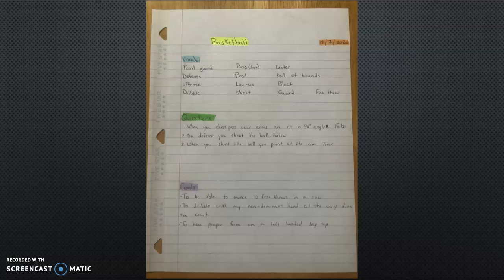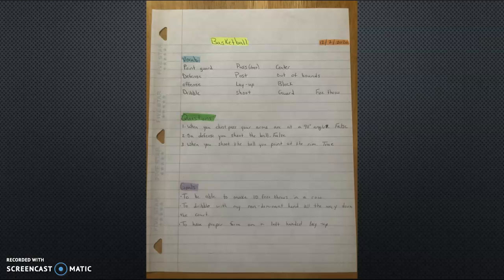And then here is what the journal will look like. So as you can see, I have the date in the top right hand corner, the title of the lesson at the top, the vocabulary that we went over. More than likely, this vocabulary was gone over during the presentation part of the class, where I might have talked about what it is to be a point guard, what defense and what offense looks like, what dribbling is, what passing is, the different types of passing.